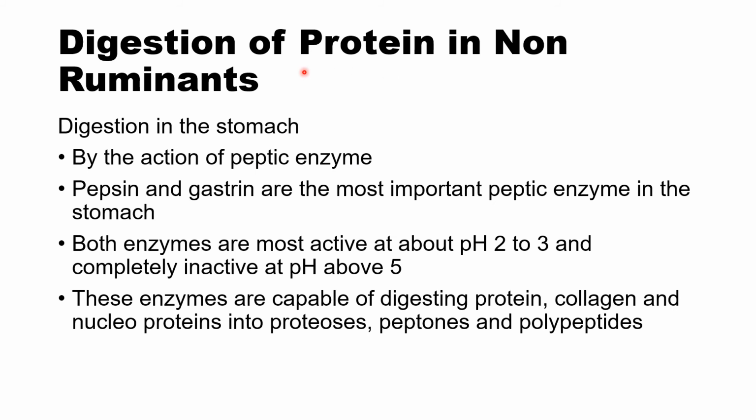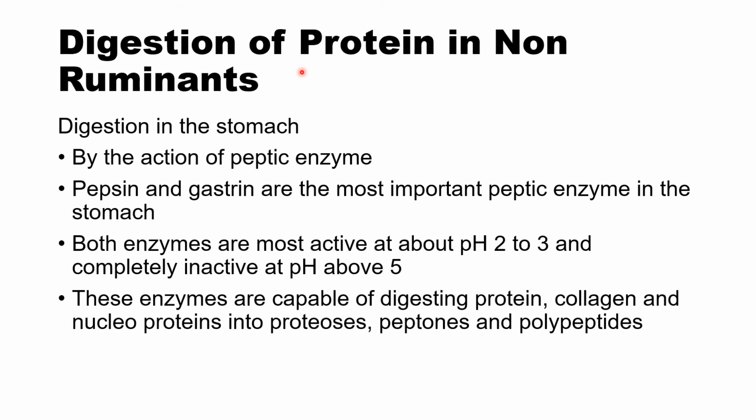So, for the digestion of protein sa mga ruminants, I will talk about it further next video lecture kasi yun nga, it has different digestive system, mas complex yung digestive system nila, kaya mas complex yung digestion process nila ng protein. Pero yung digestion of protein in non-ruminants, let's mag-start yun sa stomach.